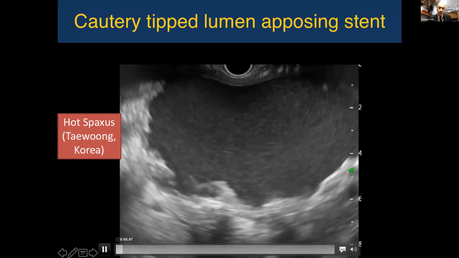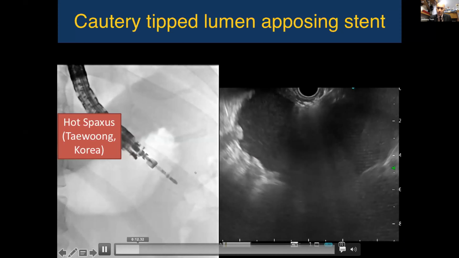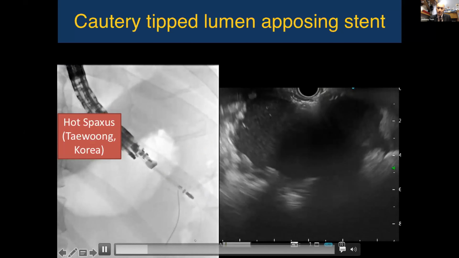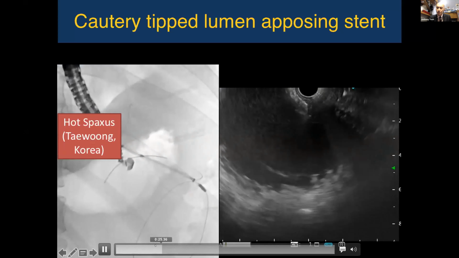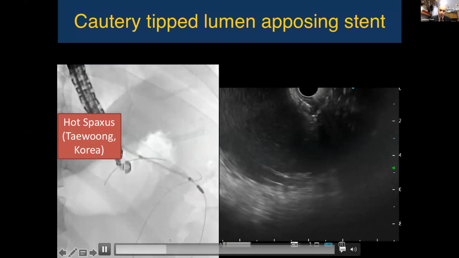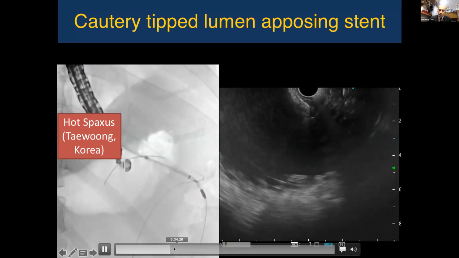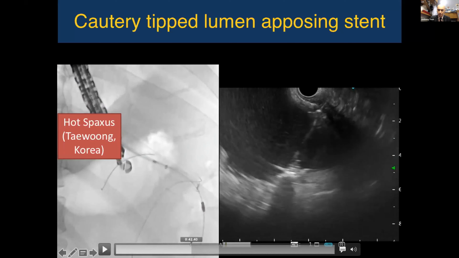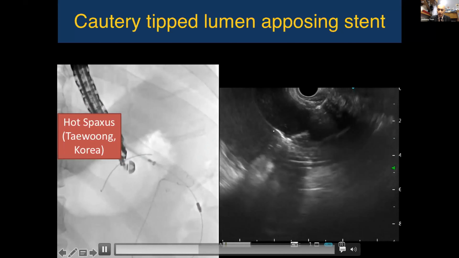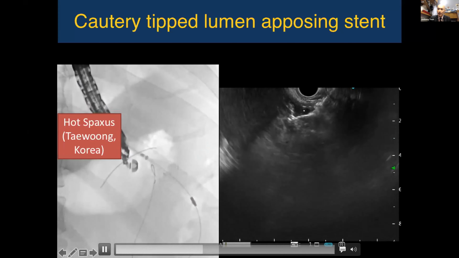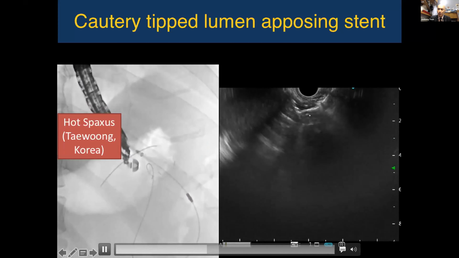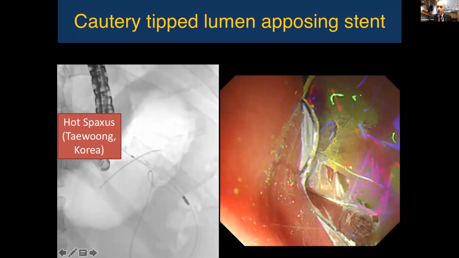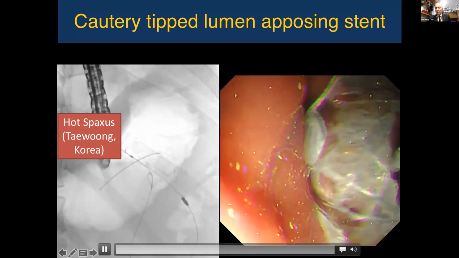Again, we can perform direct puncture. Puncture with the device, insert the wire at the same time. Open the stent. And then you can see the flange here. We pull back the stent to expose the lumen. Then deploy the stent in the channel and then push out the stent from the channel.